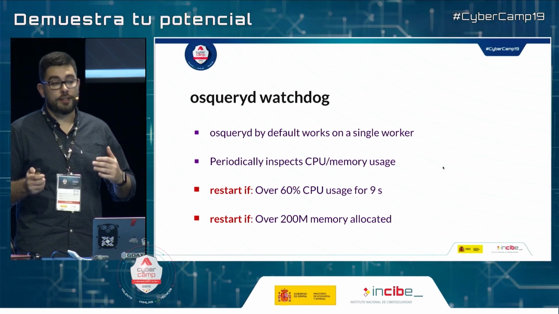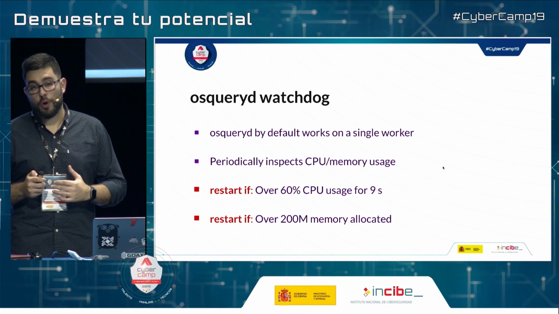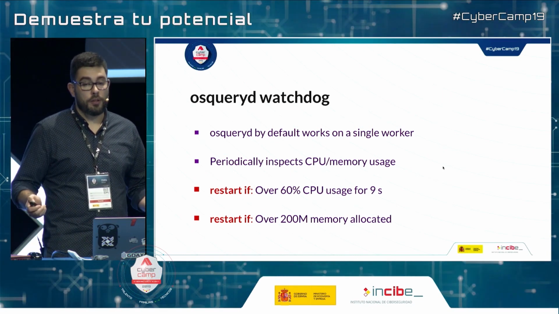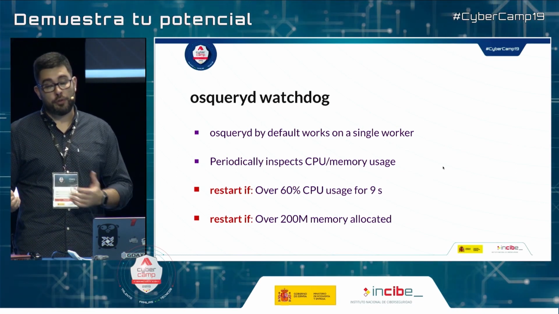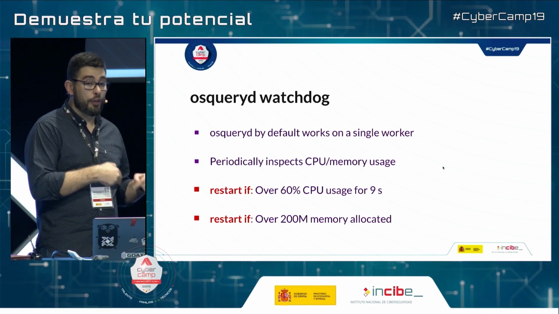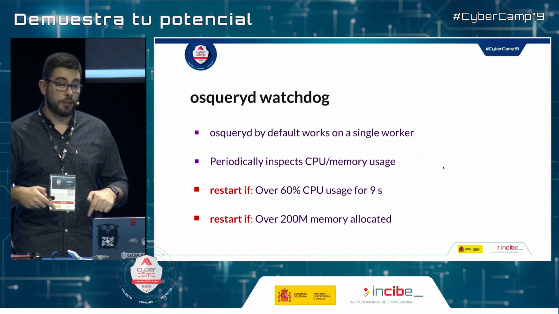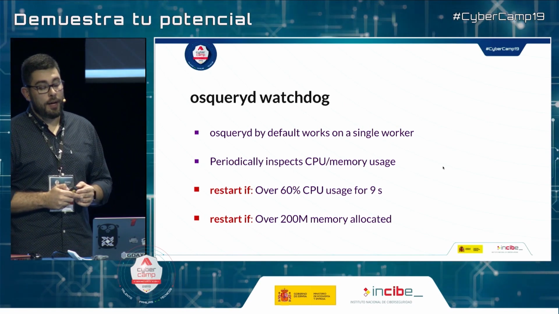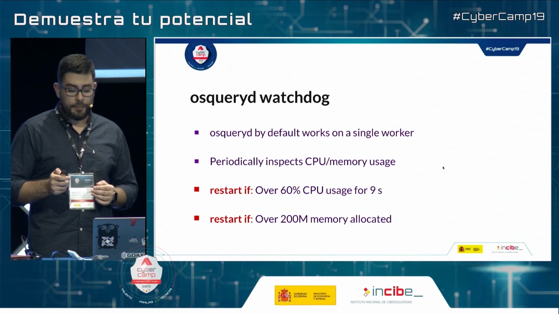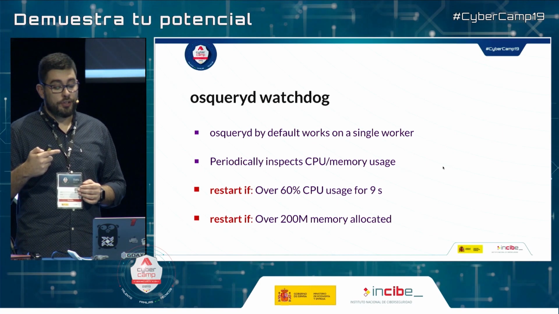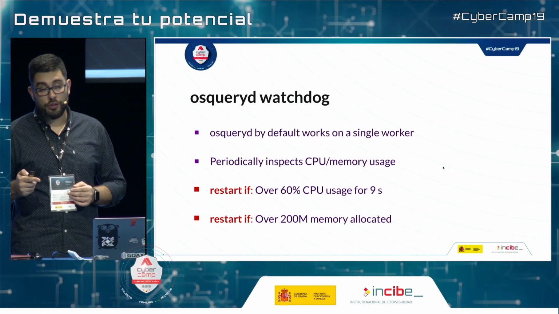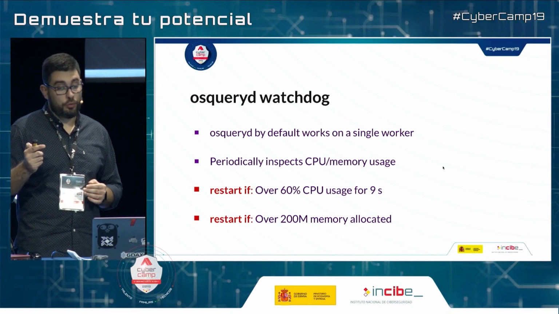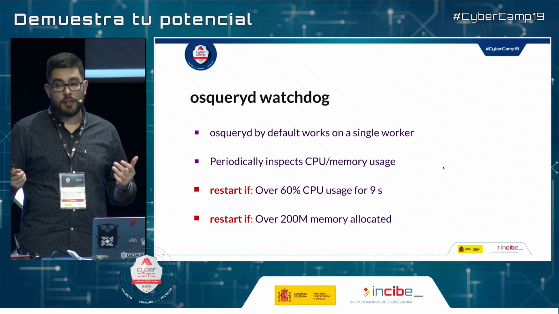But by default, the watchdog ensures that osquery never goes over the CPU or memory usage. It needs to extract information from the machines without affecting what is going on in the machines themselves. So if you don't configure this, the watchdog in osquery will restart the service if for over 9 seconds osquery has the system at over 60%.